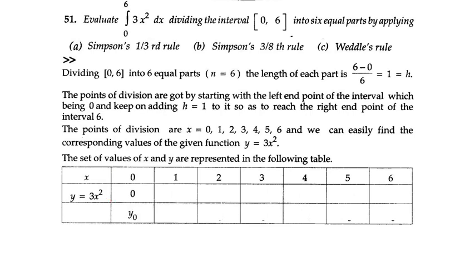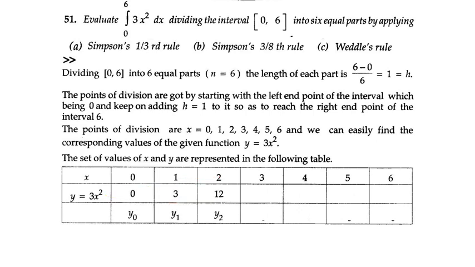When you put x is equal to 0, y is 0. When you put x is equal to 1, the value of y will be 3. When you put x is equal to 2 in this y value, what you get? You get 12.